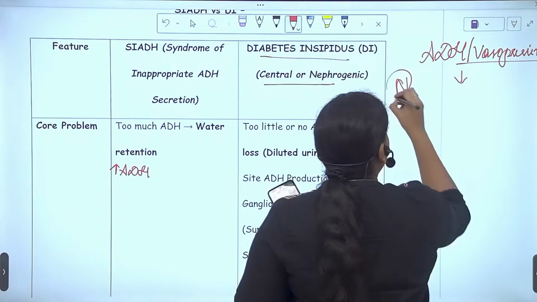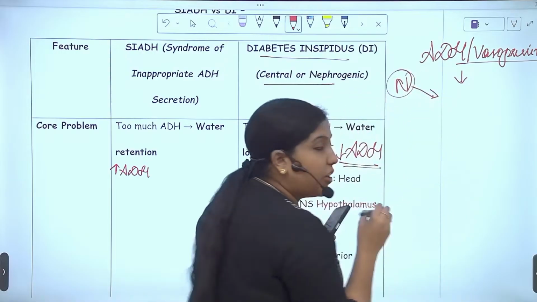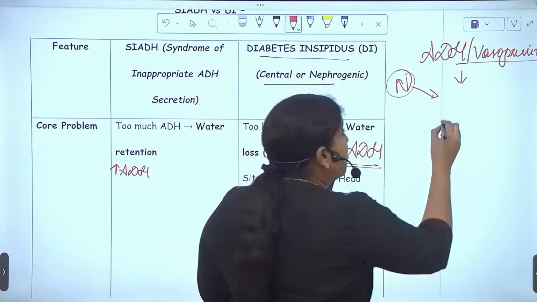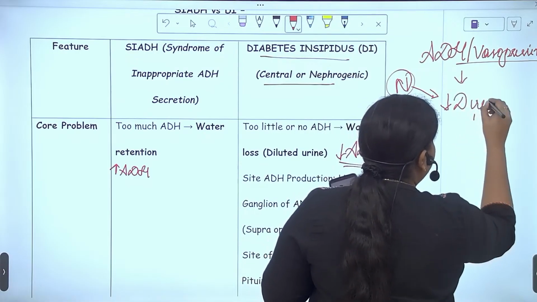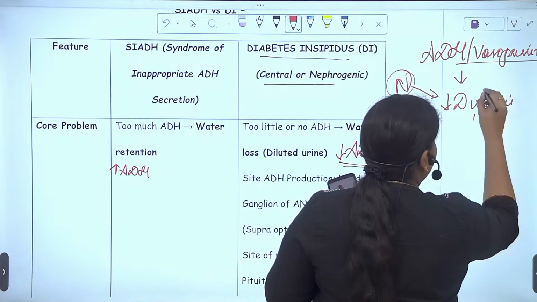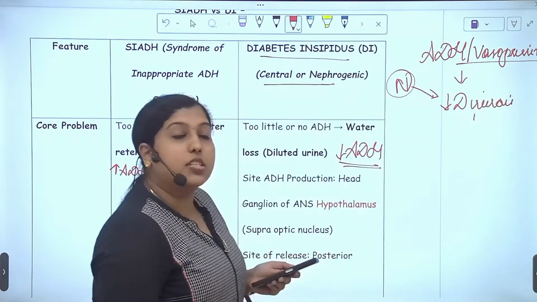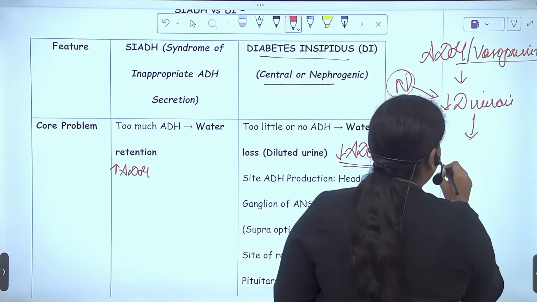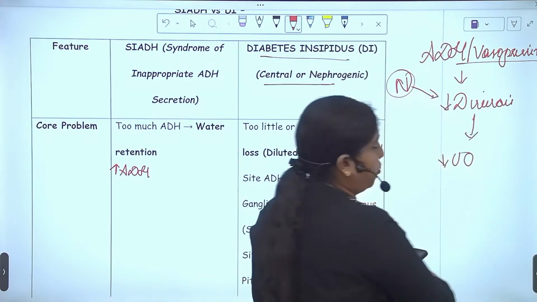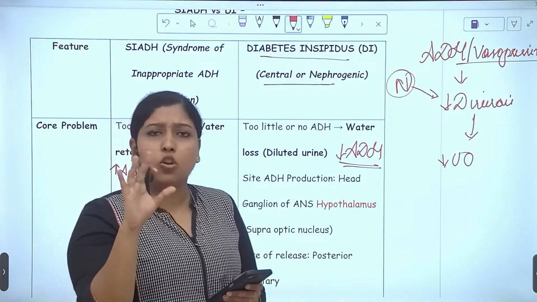The normal mechanism because of ADH is that it will reduce the diuresis. When it is reducing the diuresis, it is going to reduce the urine output. So this is the normal mechanism.